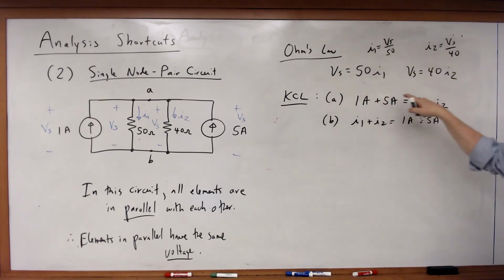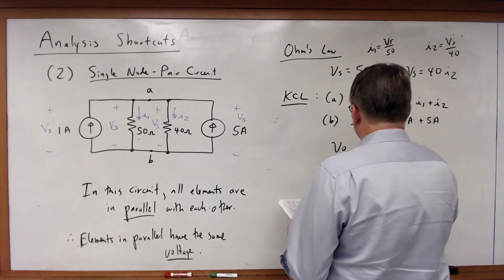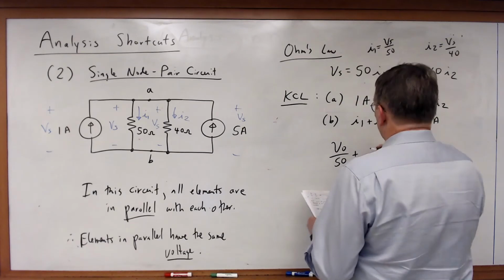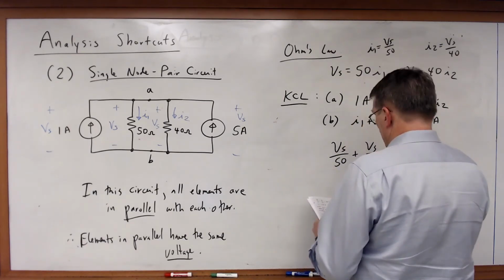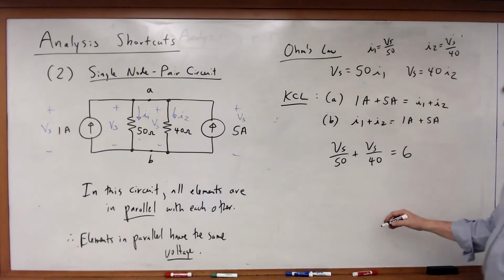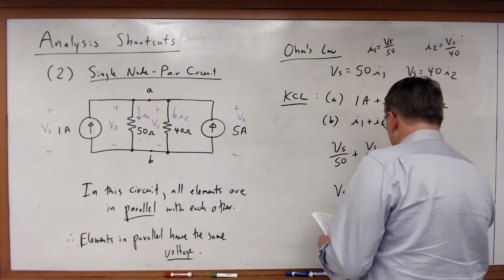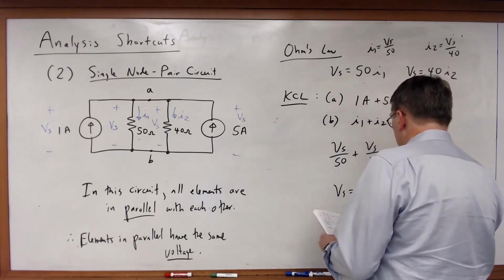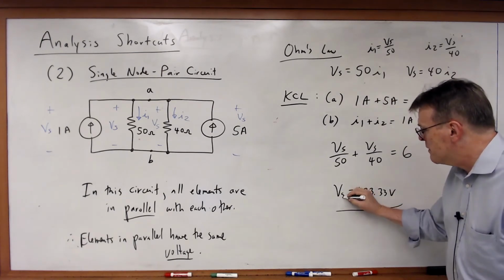And now I can substitute into either one of those equations, and what I will get is Vs over 50 plus Vs over 40 is equal to 6. And in this case, Vs will therefore be equal to 133.33 volts.